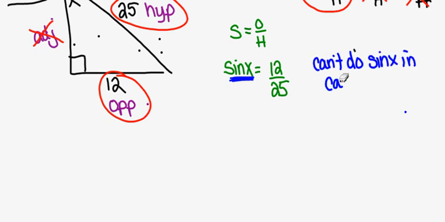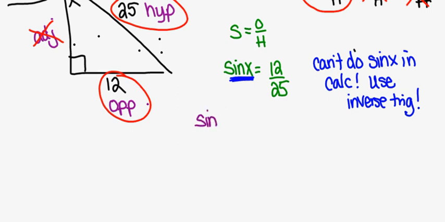And what that tells me, since I can't put sine of angle x in the calculator, I'm going to have to use inverse trig. So I'm going to take inverse sine on the left side. And if I take inverse sine on the left side, I of course have to take inverse sine on the right side.